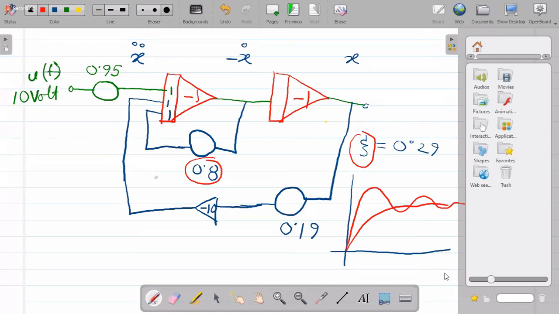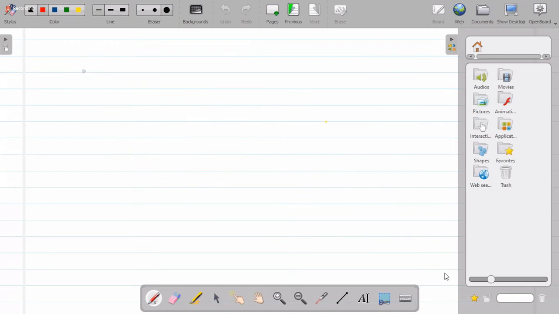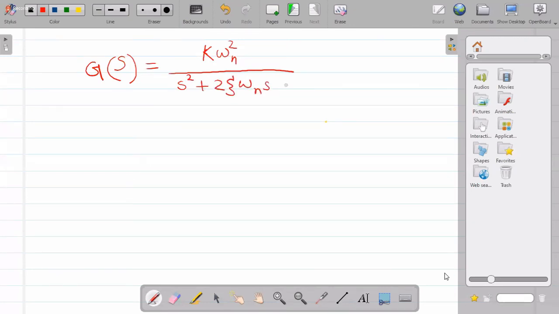The problem is that suppose in some case you have a system like this, but say zeta is equal to 0.